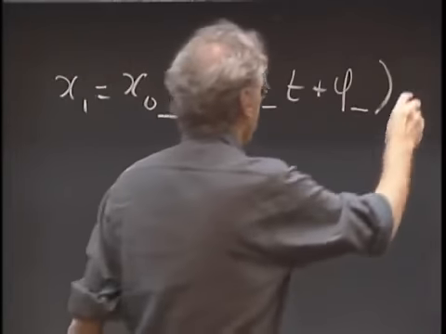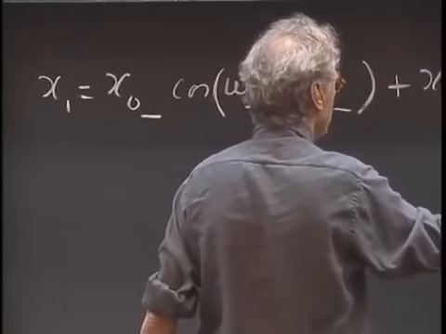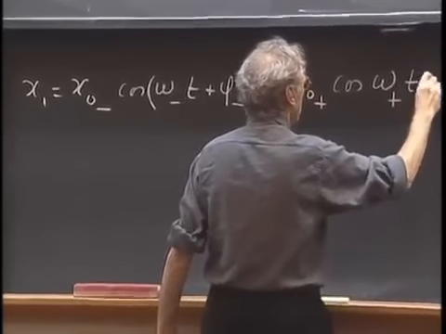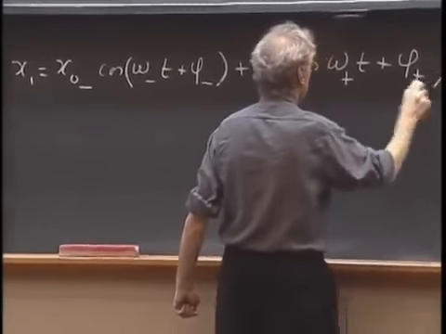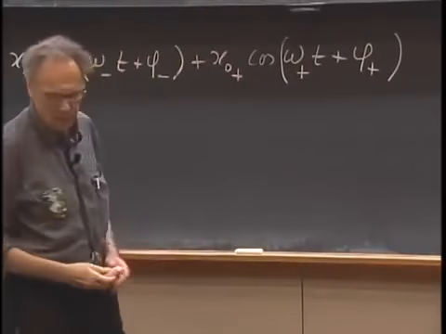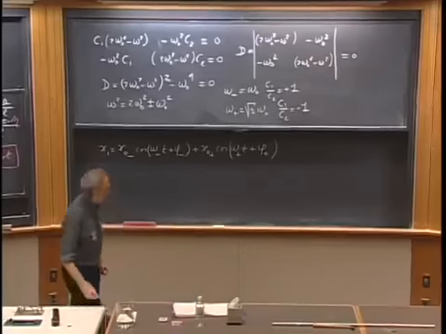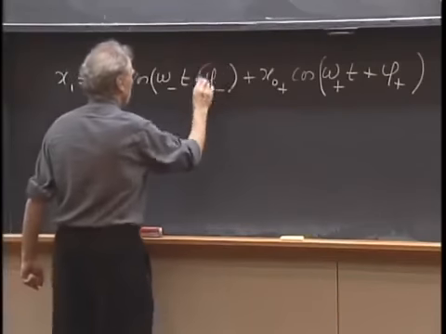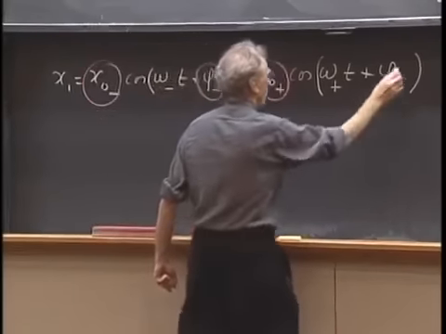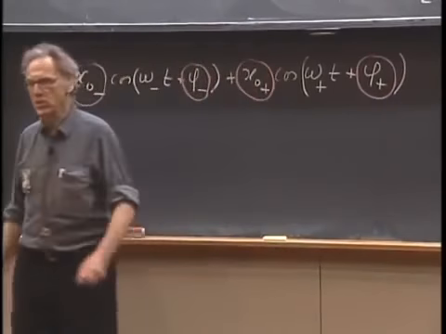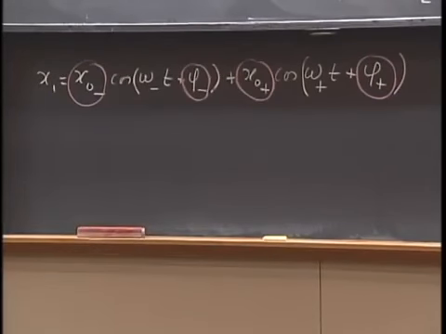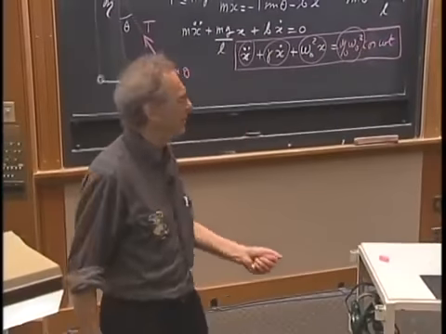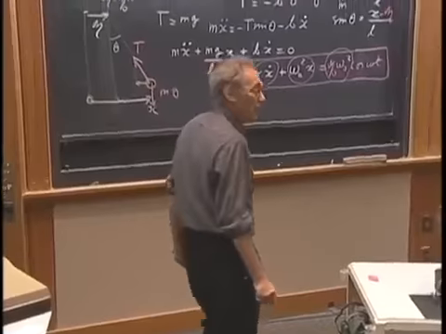And then I have plus x0 plus times the cosine of omega plus t plus some phase angle plus. Of course, if you prefer sines instead of cosines, that's fine. And you have 4 adjustable constants: 1, 2, 3, 4. If you know the initial conditions, if you know what x1 is, and what x1 dot is, and what x2 is, and what x2 dot is at time t equals 0, you can solve for all 4, in principle.